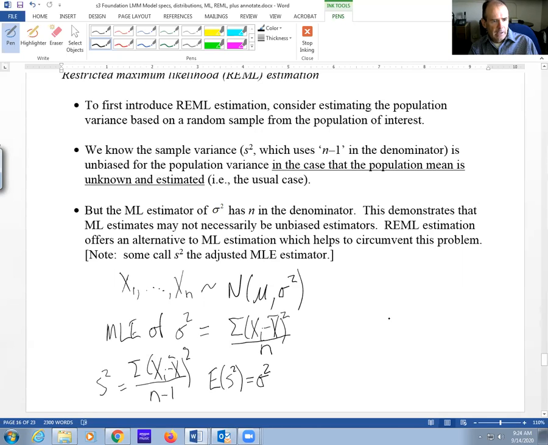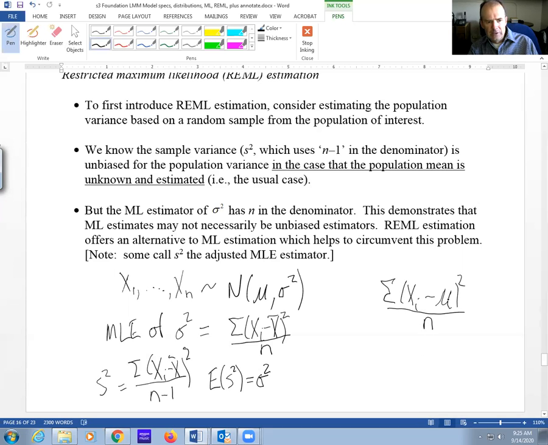But what if we didn't have to worry about estimating the mean? I just want to talk about the difference between these two real quick. If we actually knew what the mean was, mu, then what would we use to estimate the variance? We could use n in this case, right?